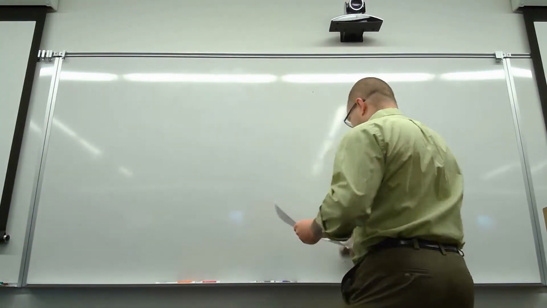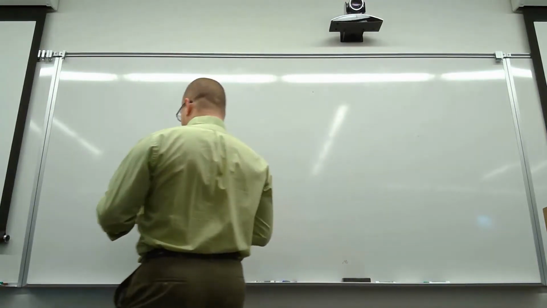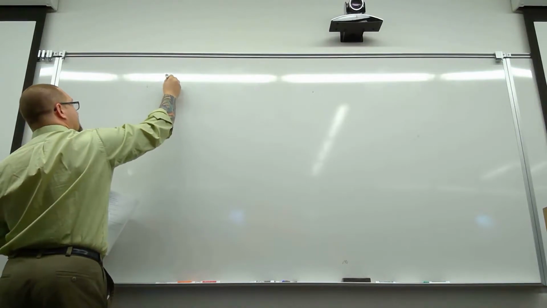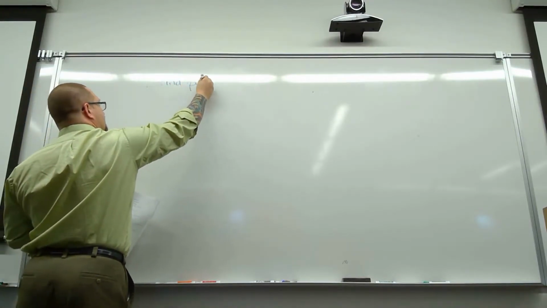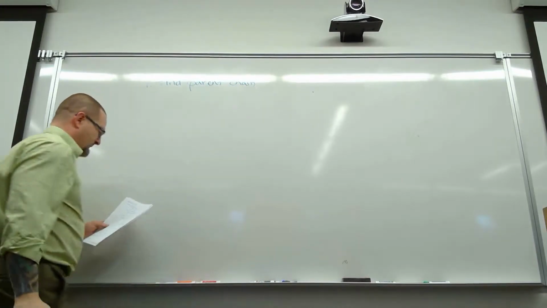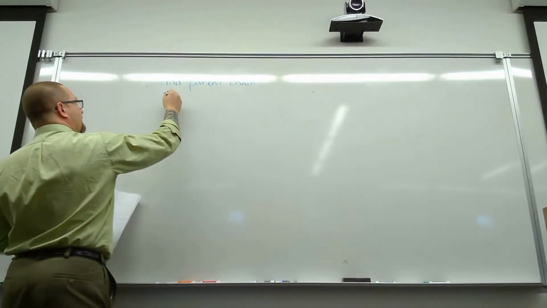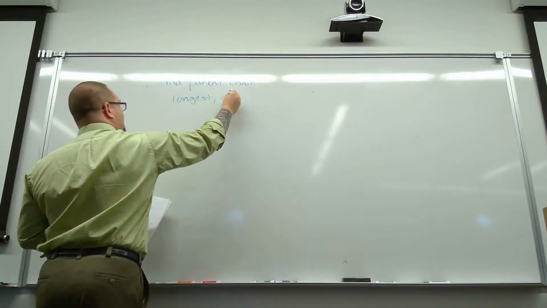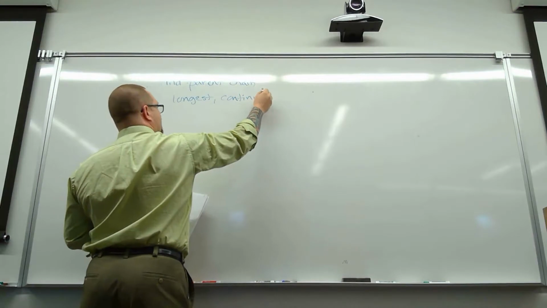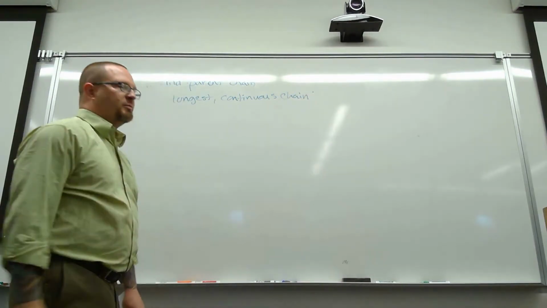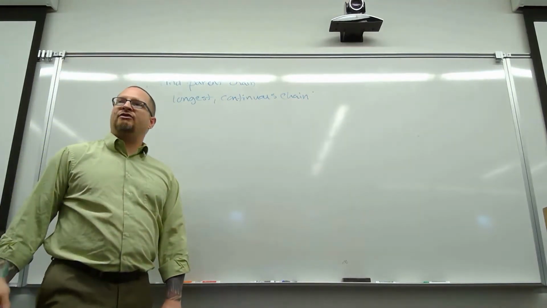Okay, so nomenclature around alkanes. The first thing you have to do is find the parent chain. This is the longest continuous chain. And you have to be careful of perspective in the way chains are displayed.